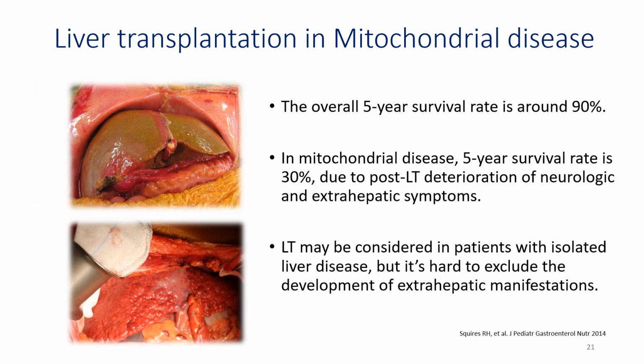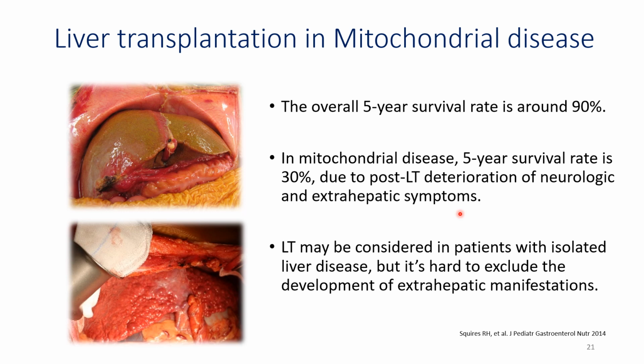I will talk about the liver transplantation in mitochondrial disease. The 5-year survival rate after liver transplantation is around 90% in all liver disease. But in mitochondrial disease, the 5-year survival rate is 30% due to post-liver transplantation deterioration of neurologic and extrahepatic symptoms.